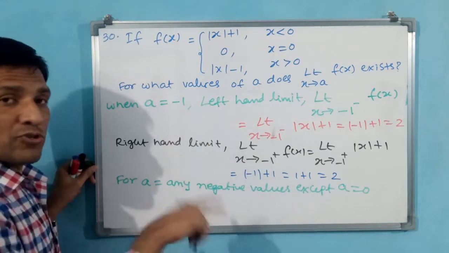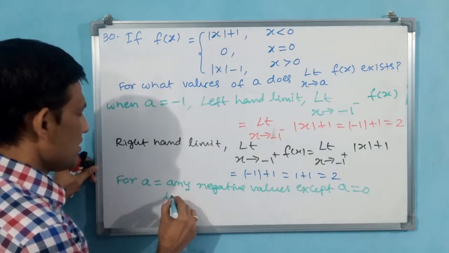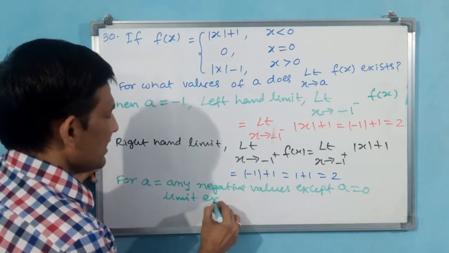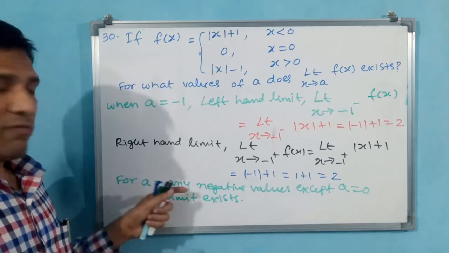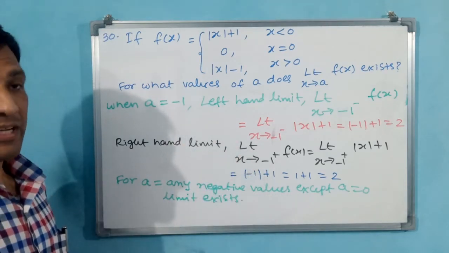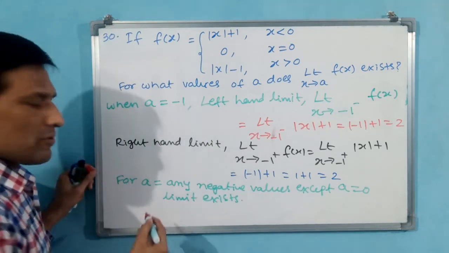Why? Because a is equal to 0 we have done; there the limit does not exist. For a is equal to 0, the limit exists? No. See, for negative and for positive, both we have written. But what about combined? Because in the end we have to write one statement.